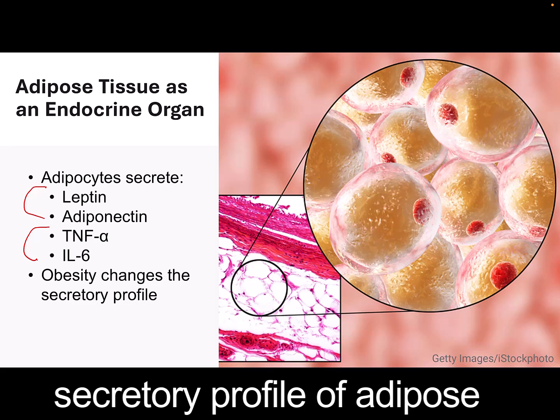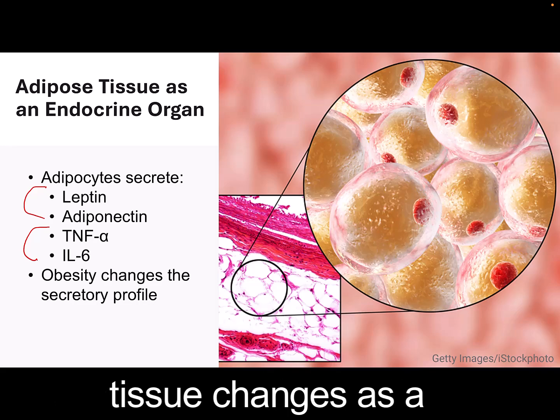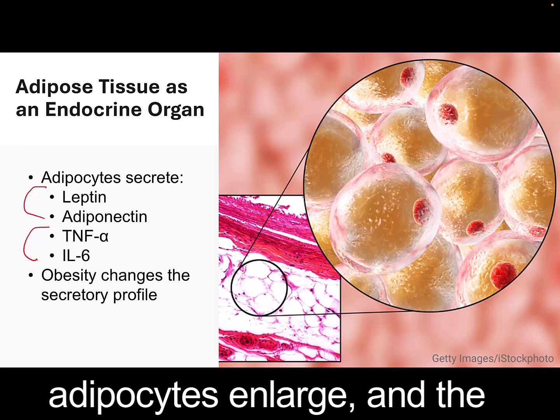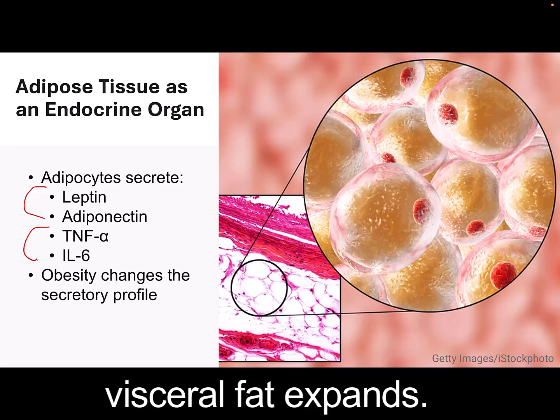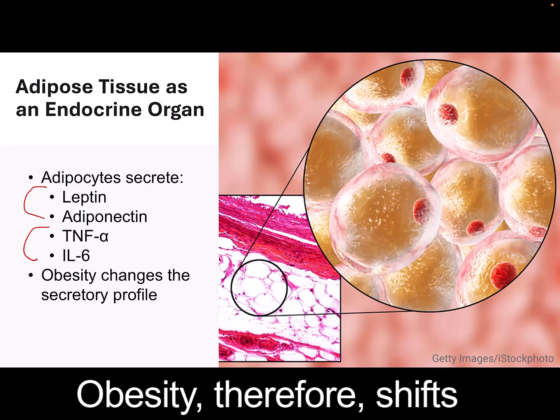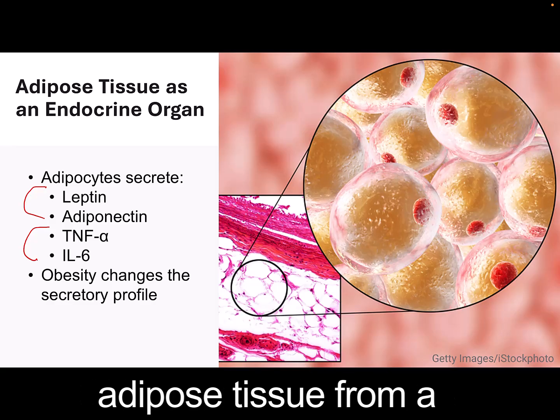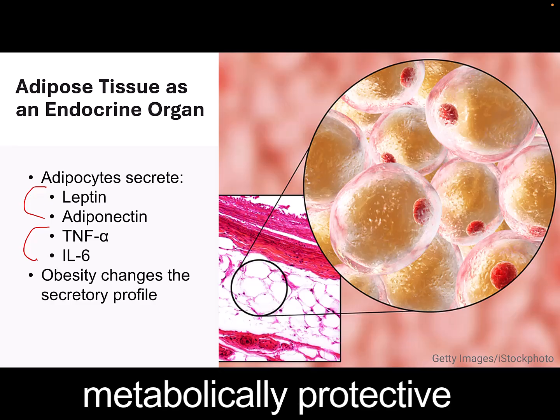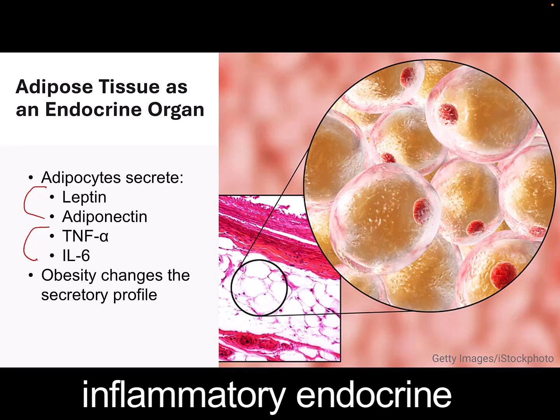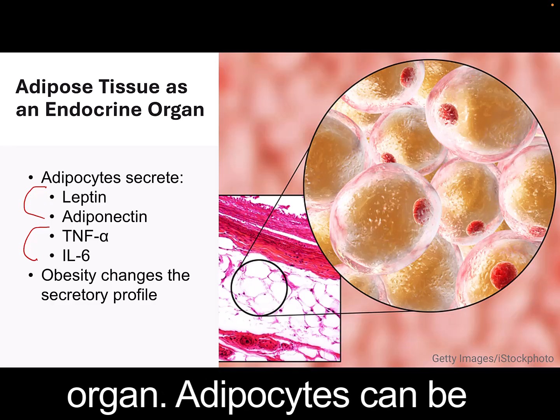Importantly, the secretory profile of adipose tissue changes as adipocytes enlarge and the visceral fat expands. Obesity therefore shifts adipose tissue from a metabolically protective organ towards a pro-inflammatory endocrine organ.